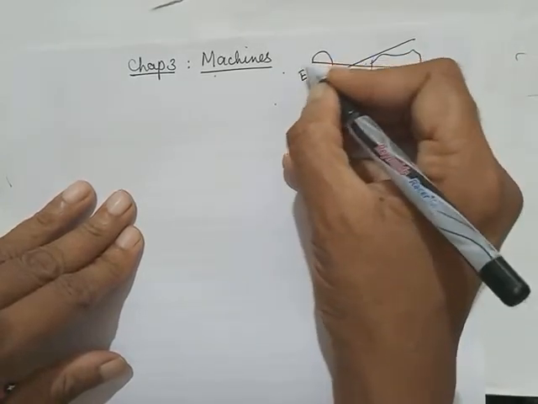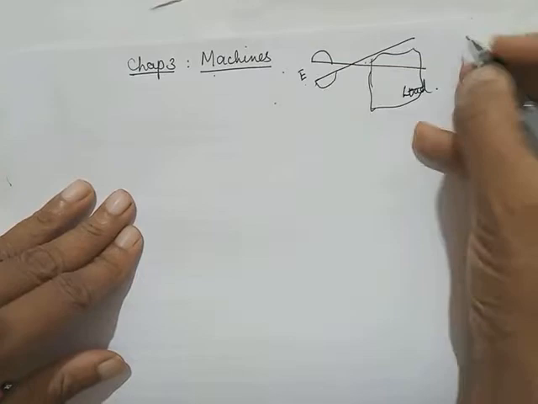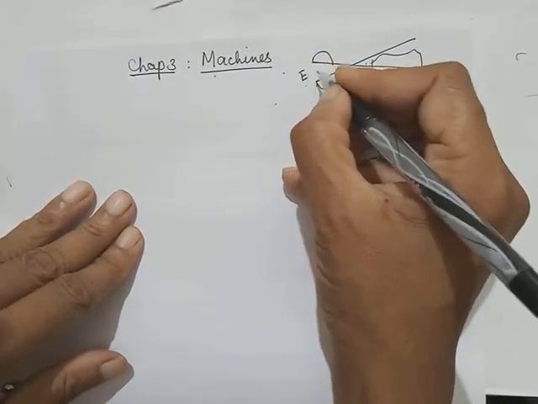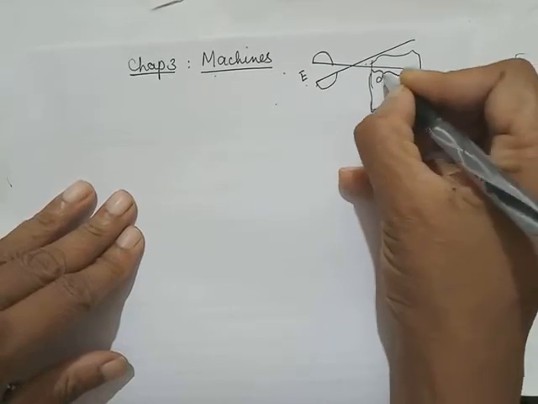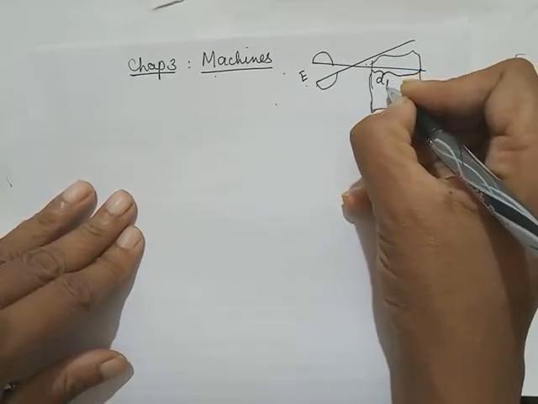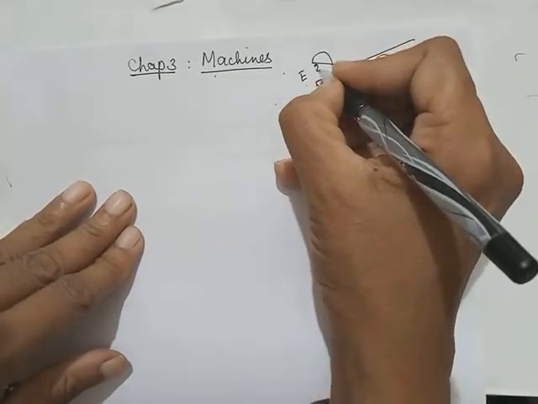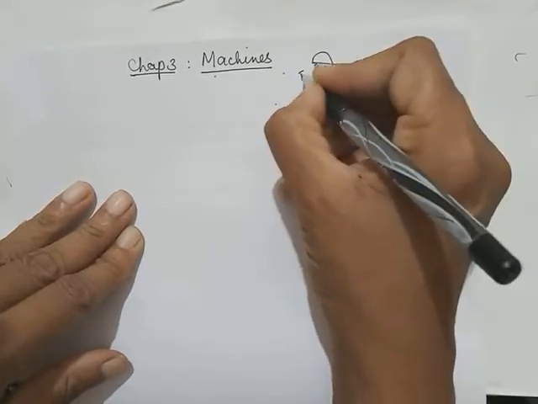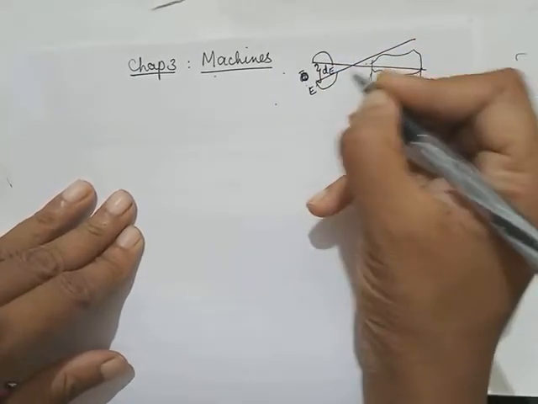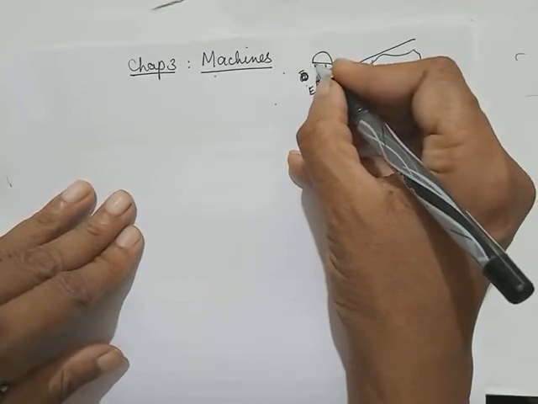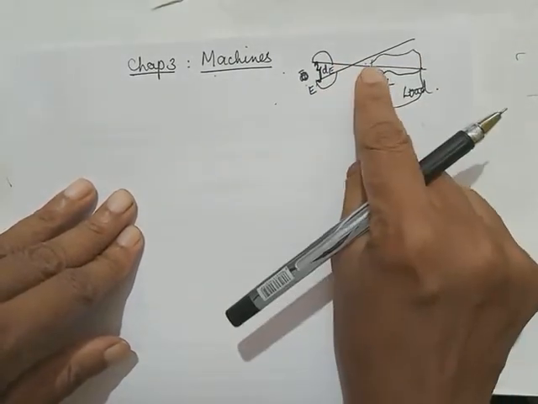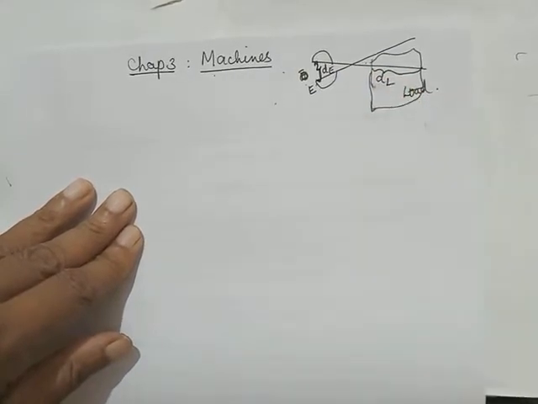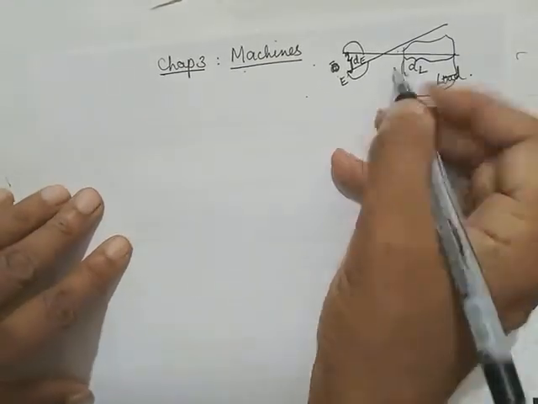The force that you are applying is the effort and this is the load. Now this is the distance traveled by load and this is the distance traveled by effort. How much force you are applying on the handle is the effort, and by how much distance this will move, that is distance traveled by effort. By how much distance the load moves is called dL.